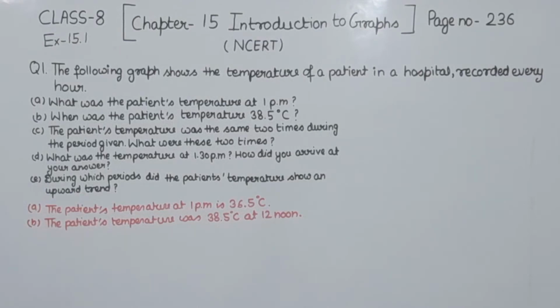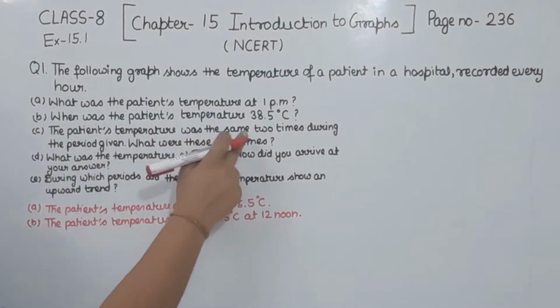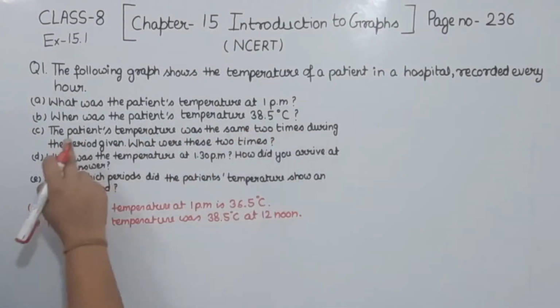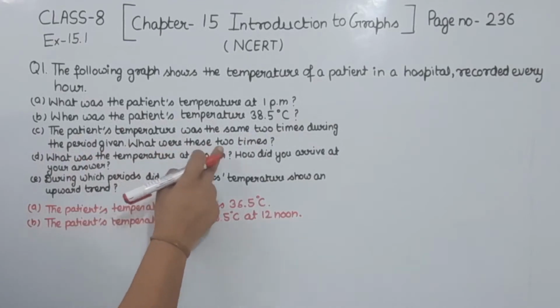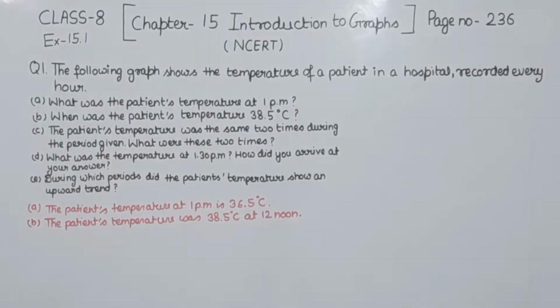Now comes the third one. The patient's temperature was the same 2 times during the period given. What were these 2 times? So first of all, we have to check for the same time and the same temperature. So this one we are having is 1 p.m. and 2 p.m. The temperature was the same.